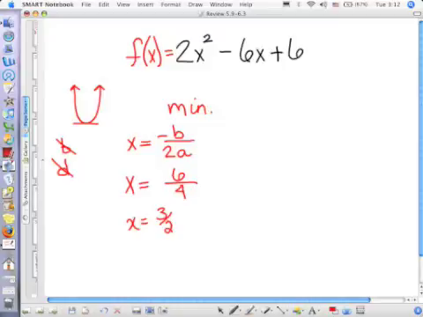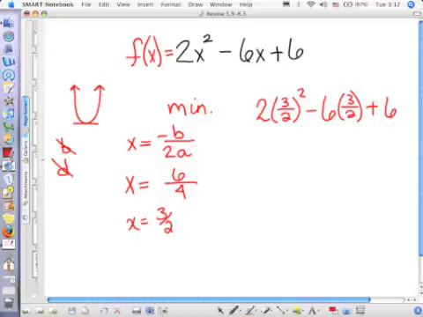To find the y coordinate, I must take x and substitute it in and solve. Remember that your order of operations requires you to square before multiplying. Therefore, this is 2 times 9/4.